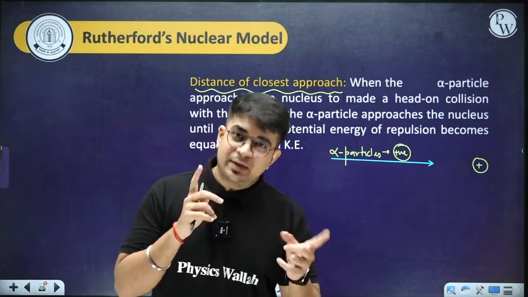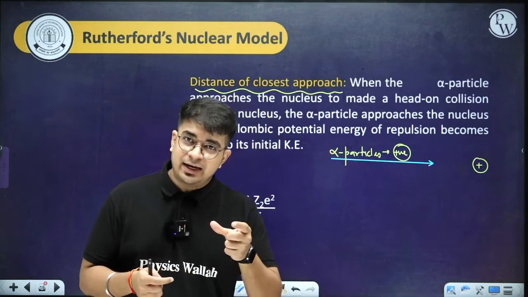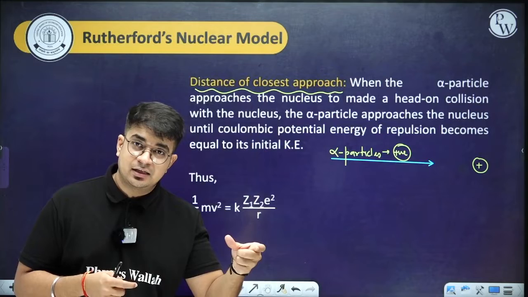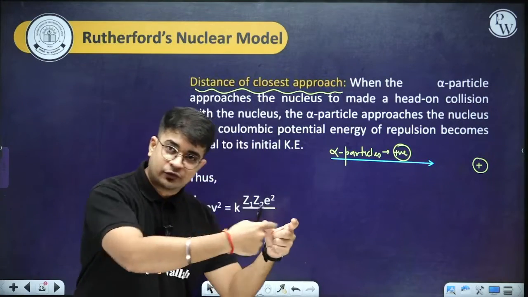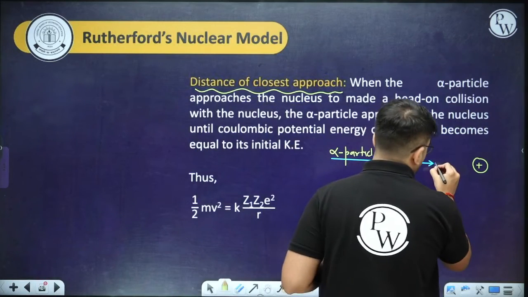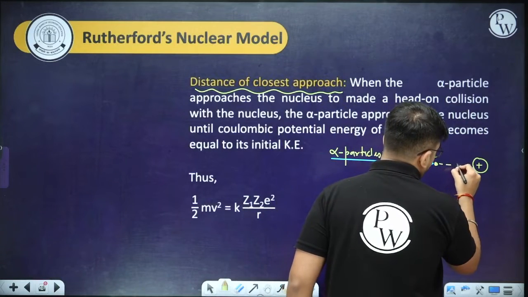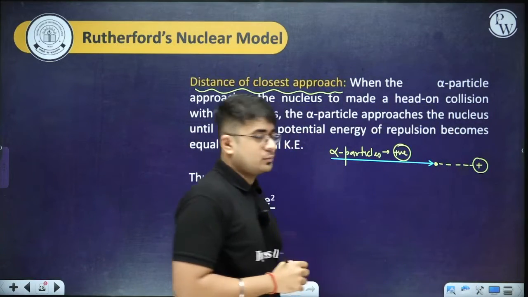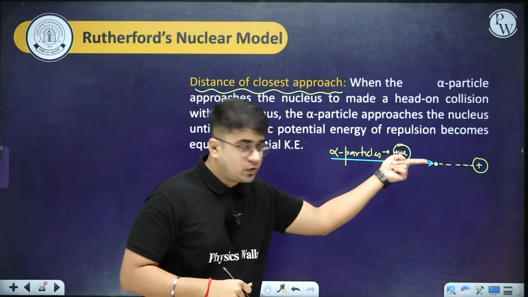Just like that, the alpha particle moves towards the nucleus and settles at a specific distance, which is the distance of closest approach, where the force of attraction and force of repulsion are balanced. Let's say this alpha particle moves up to this particular point. The distance between these two is the distance of closest approach.